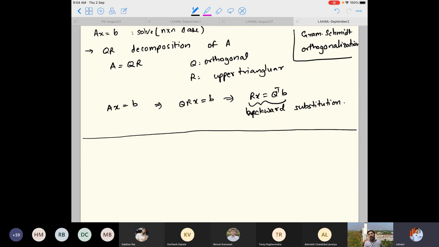In Gram-Schmidt orthogonalization you can orthogonalize the given basis into an orthonormal basis, and the columns of Q, the orthonormal vectors, precisely do that.